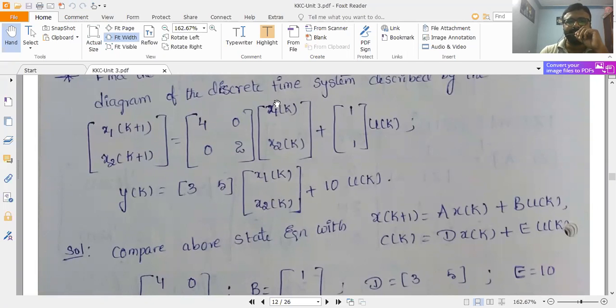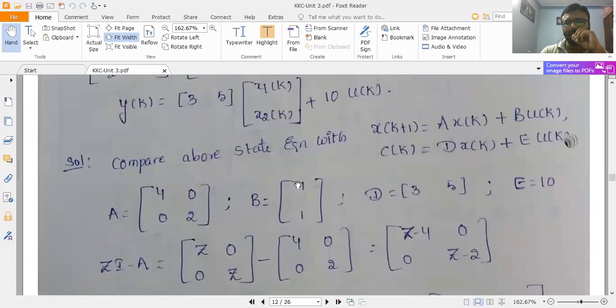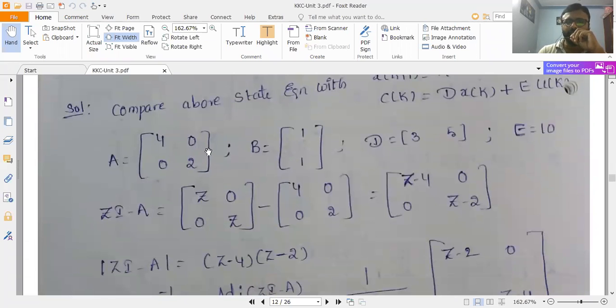From these given values, we are going to obtain the matrices A, B, D, and E. While comparing these expressions with the state equations, we get A as a 2 by 2 matrix, B as a 2 by 1 matrix, D as a 1 by 2 matrix, and E value is 10. Okay, so we need to find the state transition matrix for these values.